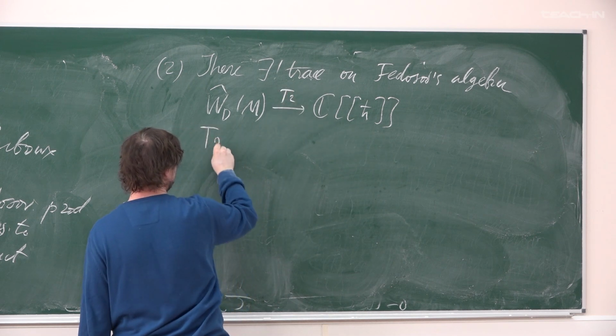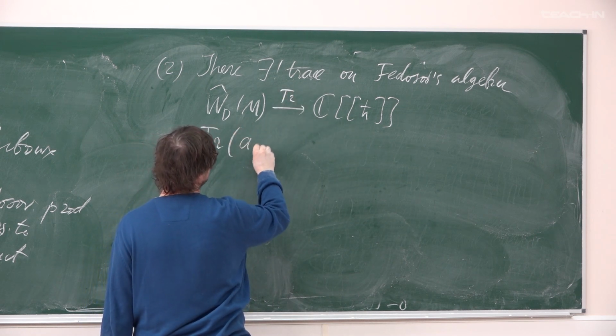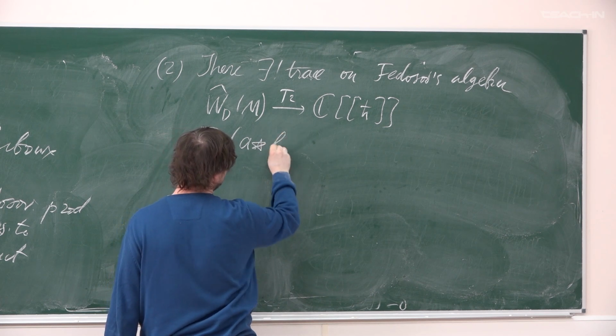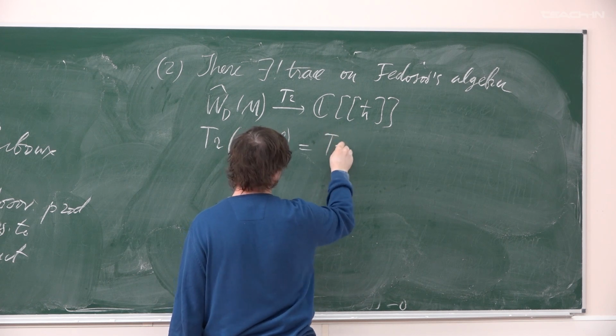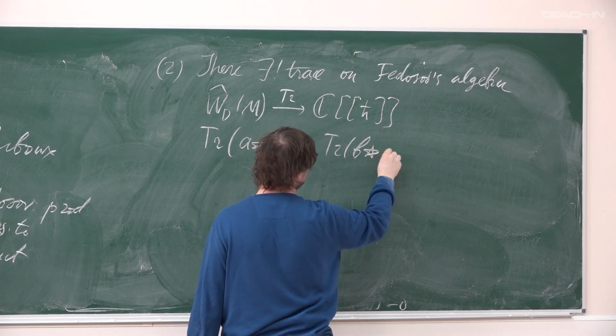And this map should verify the usual trace property, that is to say, trace of A times B should be equal to the trace of B times A.